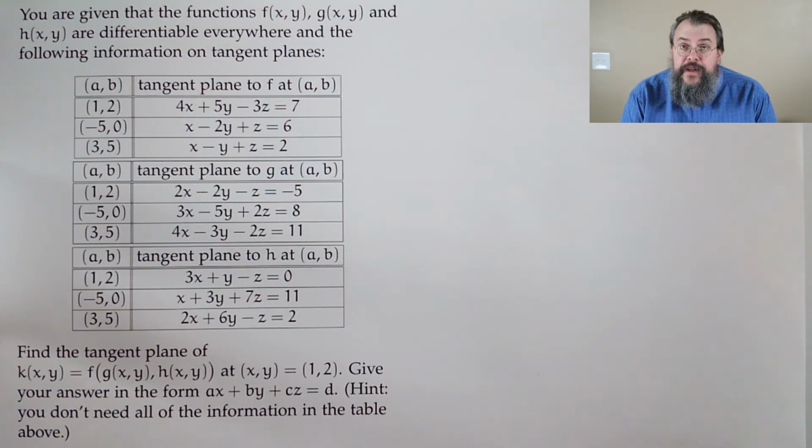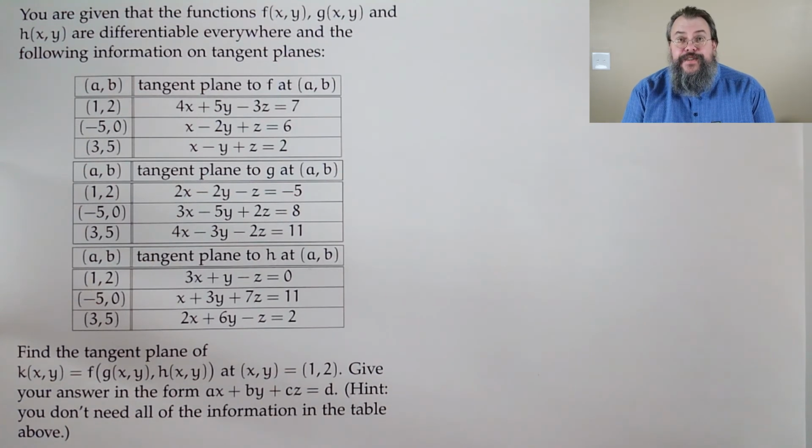And we want to find the tangent plane at 1, 2. And we want to give our answer in the form ax plus by plus cz equals d. And there's a hint. You don't need all of the information in the table above. Well, that's probably a good sign because there's a lot of information going on in our table above.